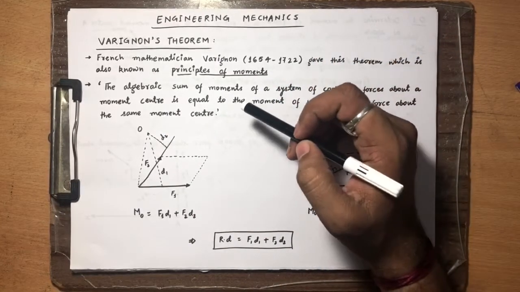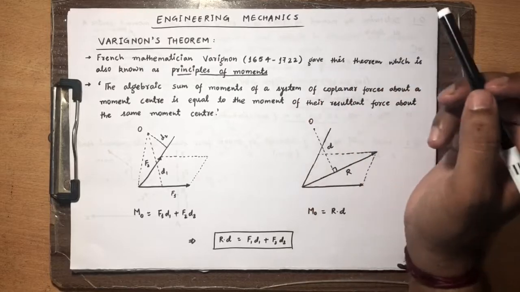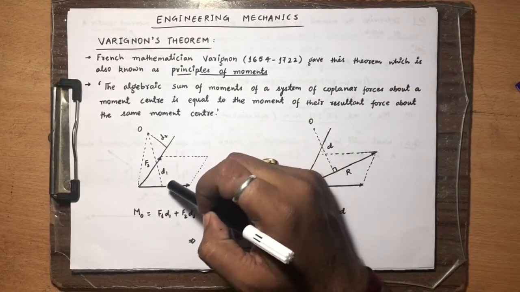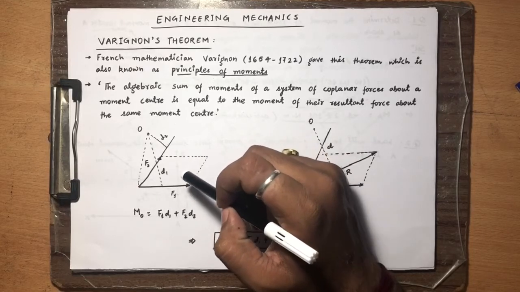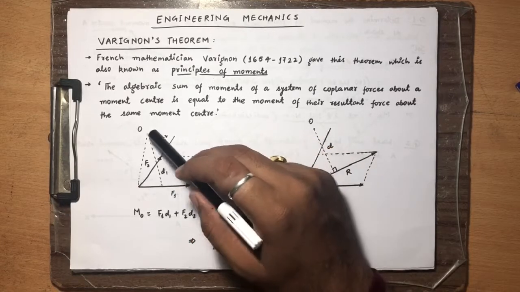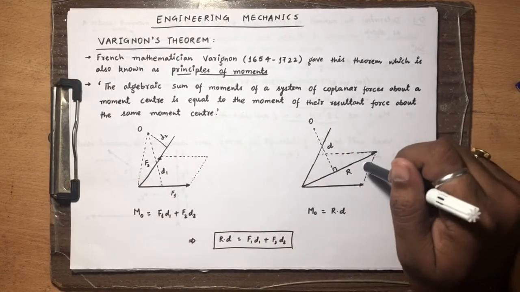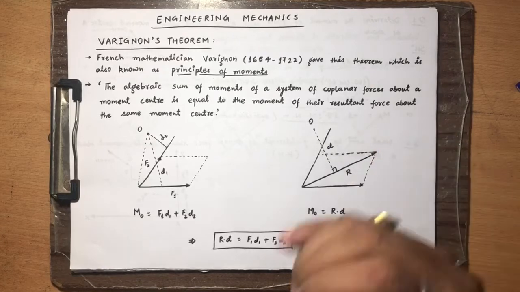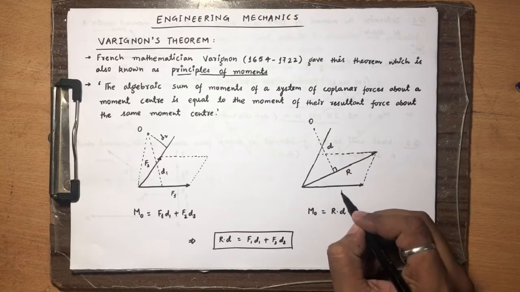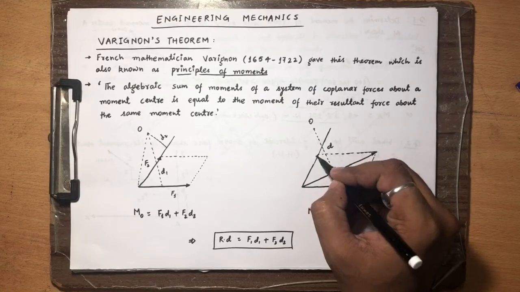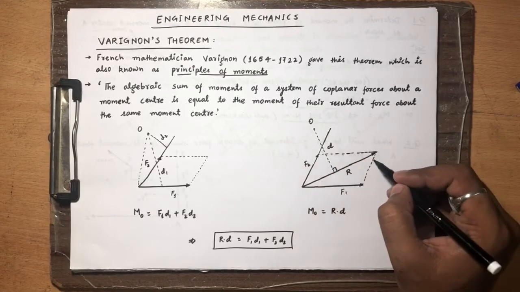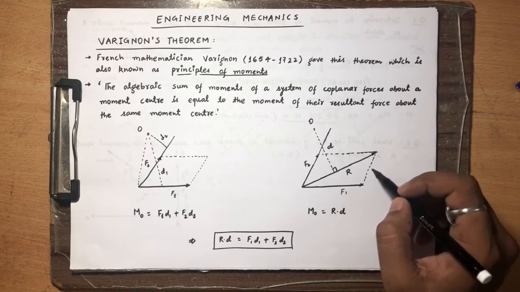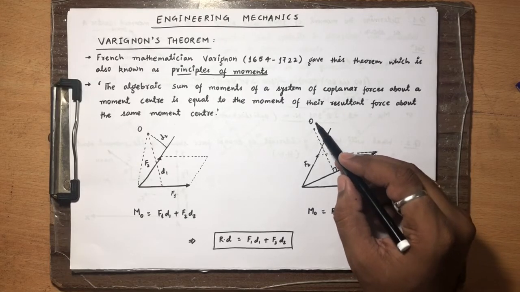But what Varignon stated is that if you replace all forces with the resultant, and you know the distance of that resultant from the moment center, you can write: let us say this was F1, this is F2, so their resultant is R as per the parallelogram law, and the distance from O is d.